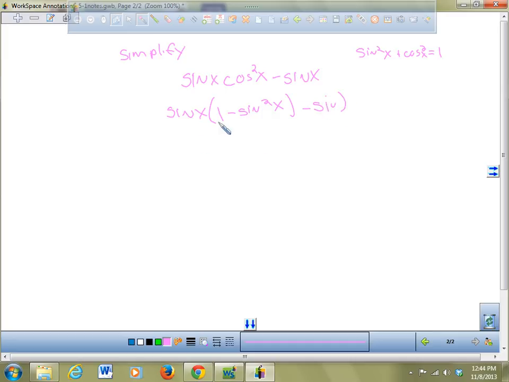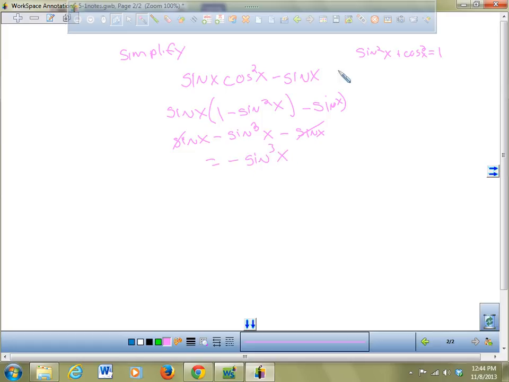And then I can distribute through, and I get sine x minus sine cubed x. This isn't the way they do it in the book. So that should be a sine of x right there. And then I simplify this. What happens to these two sine x's? They go away. And so you get that this expression up here is equal to negative sine cubed of x.